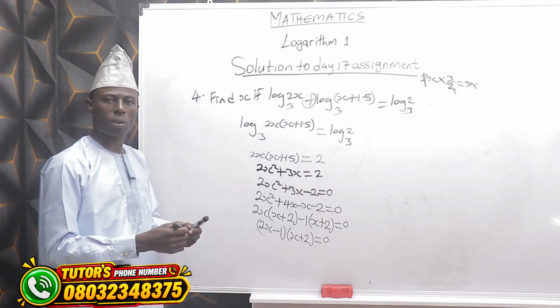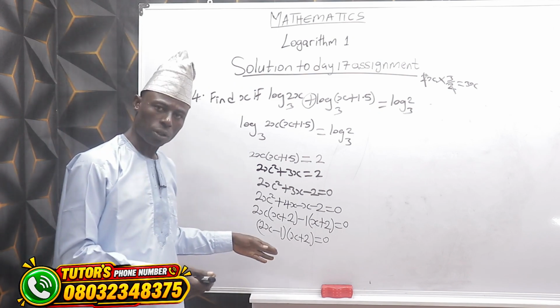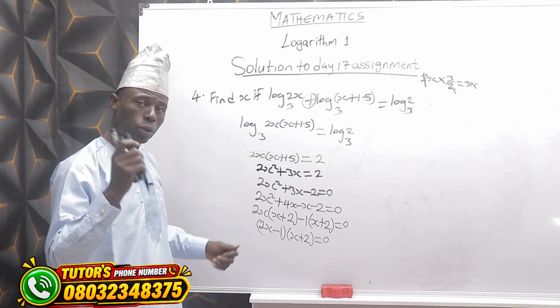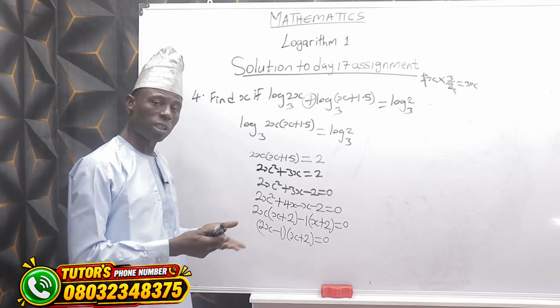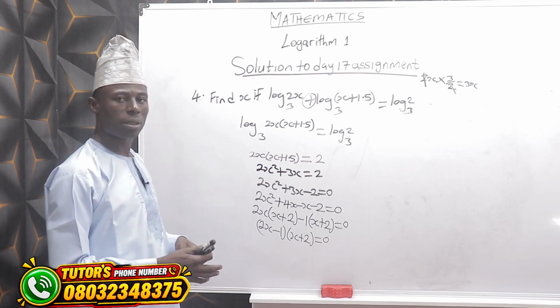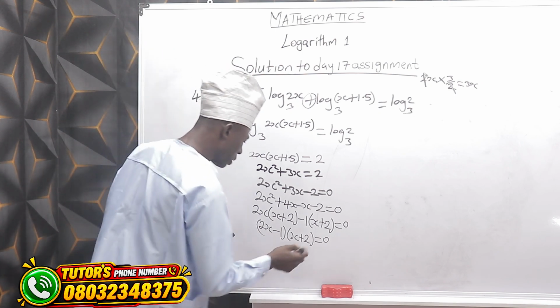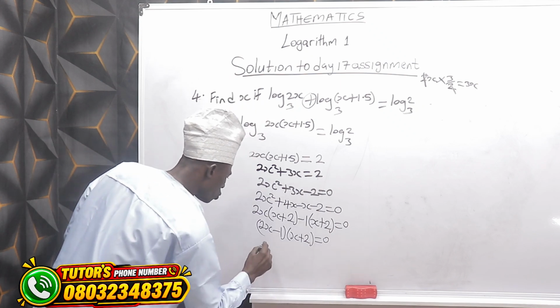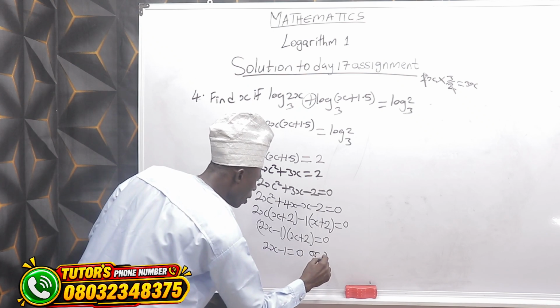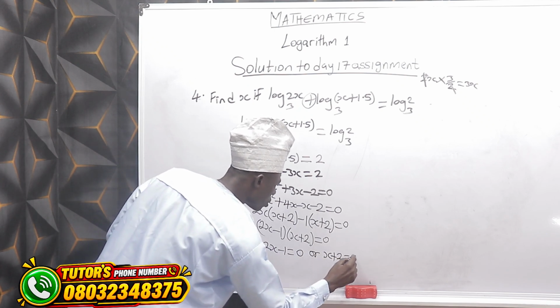If you find quadratic equation difficult, that means to grab everything about it. So you have to go back to whatever record you have to make sure you strengthen that knowledge of quadratic equation. So 2x minus 1 is equal to 0, or x plus 2 equals 0.